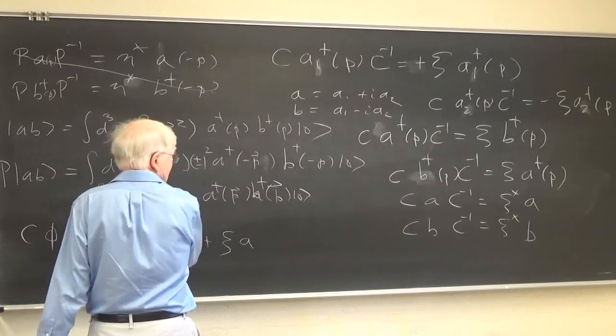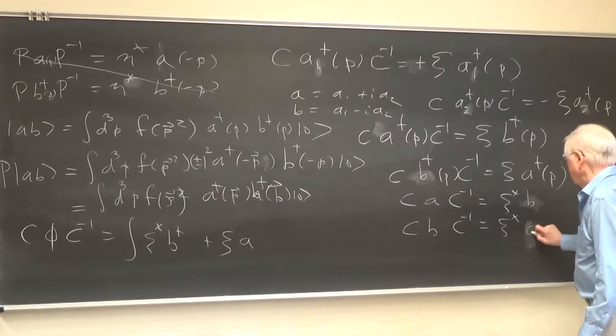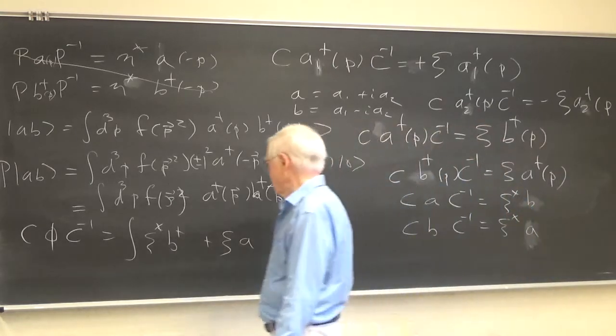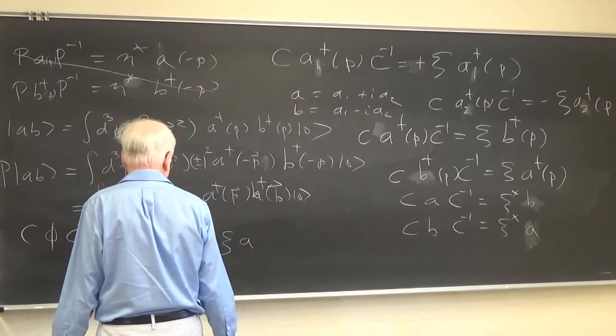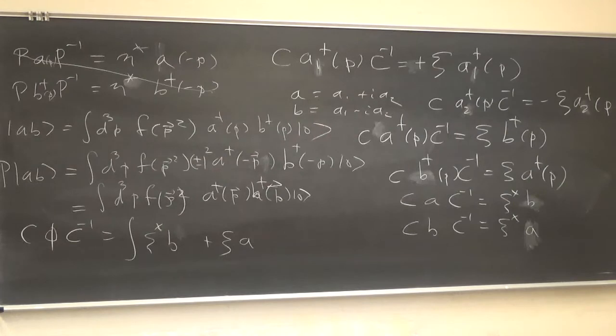C A, this is right. Okay, so let's C star B. Well, that, we don't want that. Goodness. We want the field to go into a multiple of itself. A multiple of the adjoint of the field. That's what we want. Sorry.